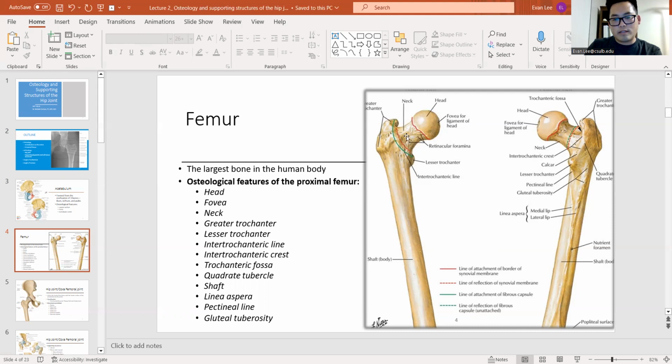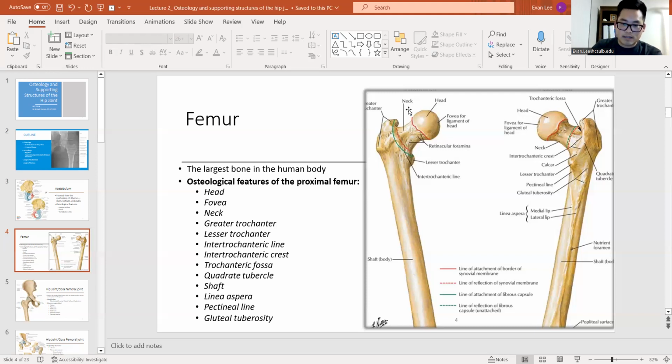Now looking over here, you can see the neck of the femur. This is the part that extends outward medially from the shaft of the bone towards the coxal bone. That allows the head to extend a little bit away from it. But now we get into a few more specific things. So to start off with, if you look closely, there are a few different bumps. This is actually similar to what we saw on the humerus, but in this case, these bumps have a different name, which are called trochanters.